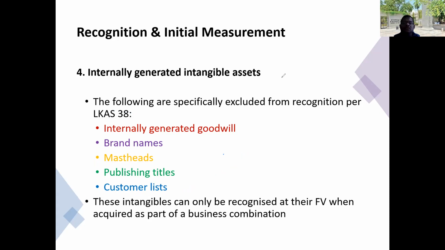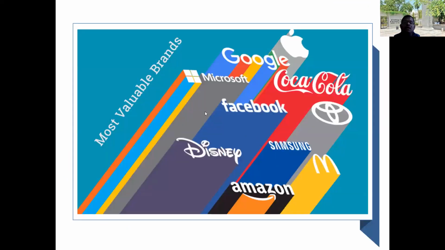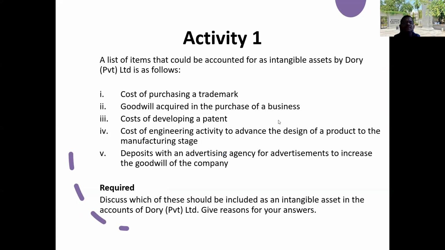Again, for example, Google, Microsoft, Facebook, Samsung, Disney, those are examples of brands. All right. Then we have an example: a list of items that could be accounted for as intangible assets by Dory Limited.